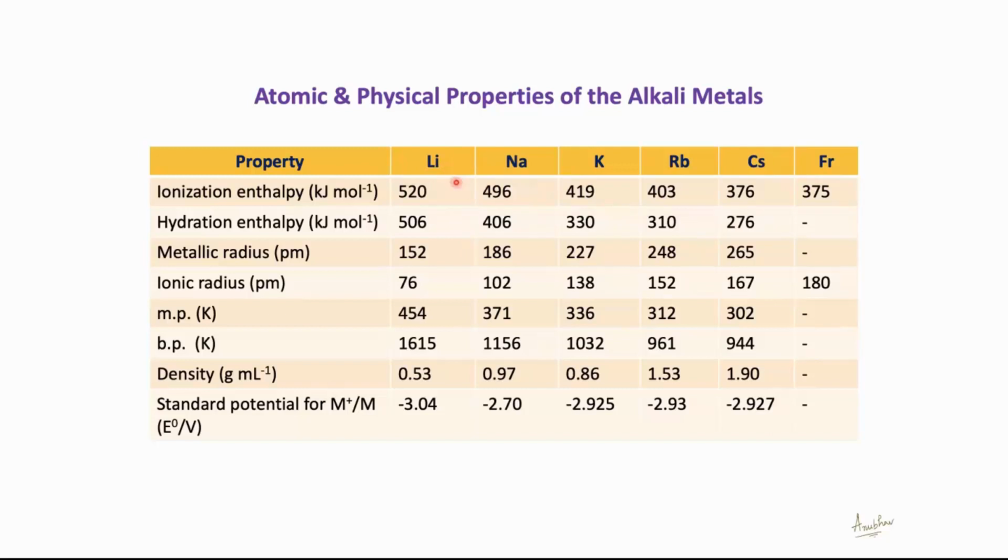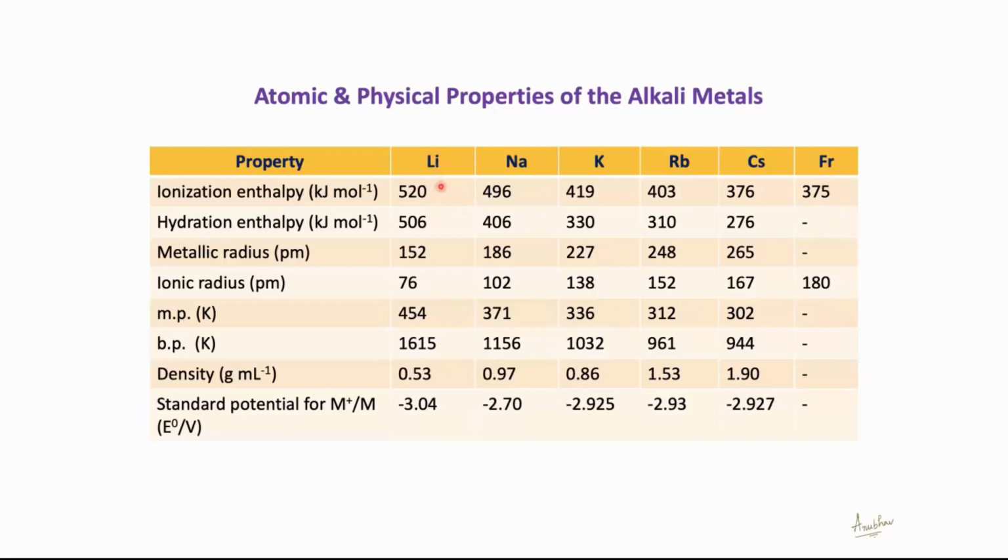And that's why the energy required to pull out the last electron from the valence shell is highest in case of lithium. That is not the case for francium, because francium is quite large in size, and that's why the energy required to pull out the valence shell electron is quite less.